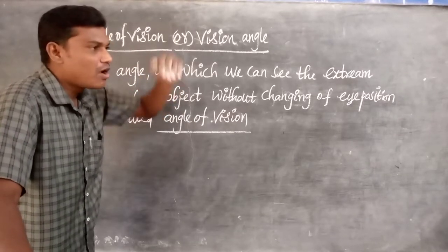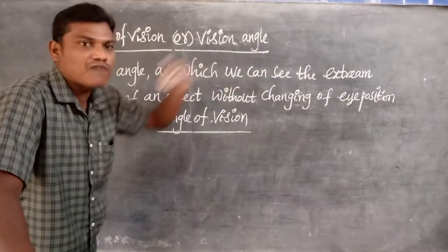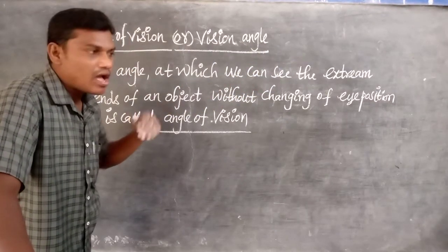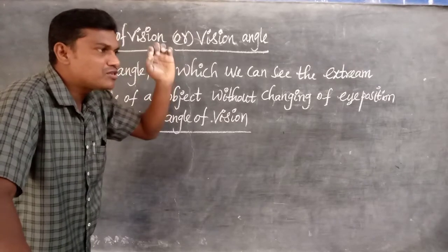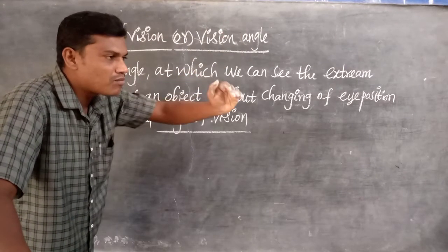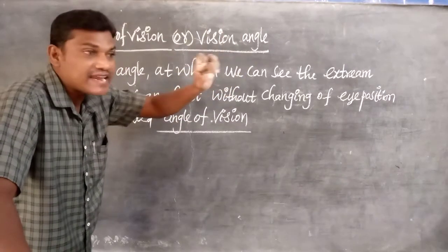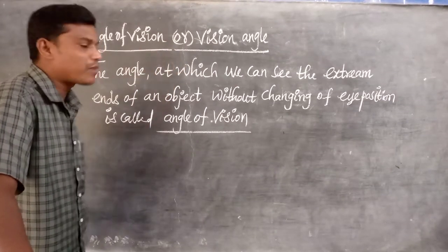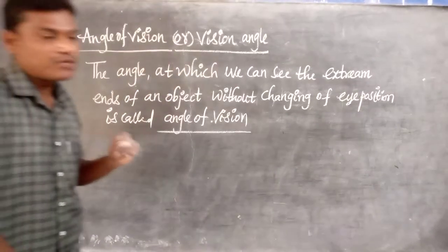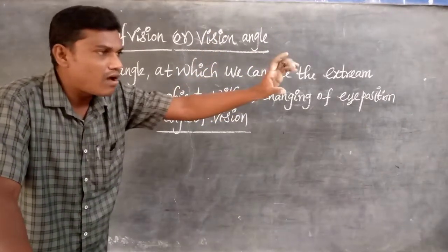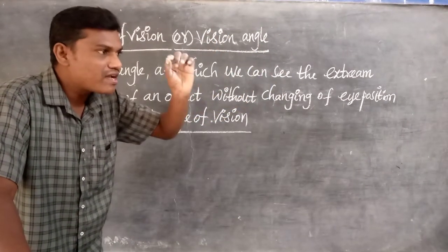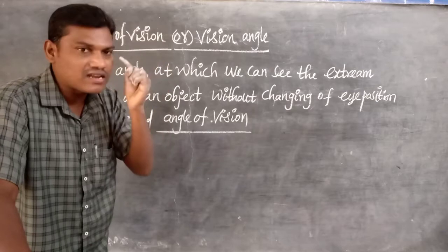If we keep an object in front of our eye, without changing our eye position, we can see the top and bottom ends at a time. At that time, the rays coming from the top and bottom form an angle at our eye.